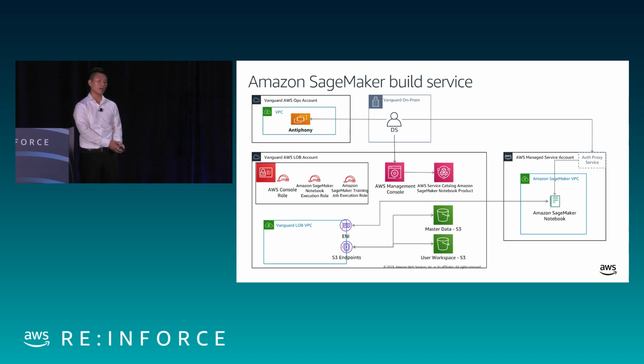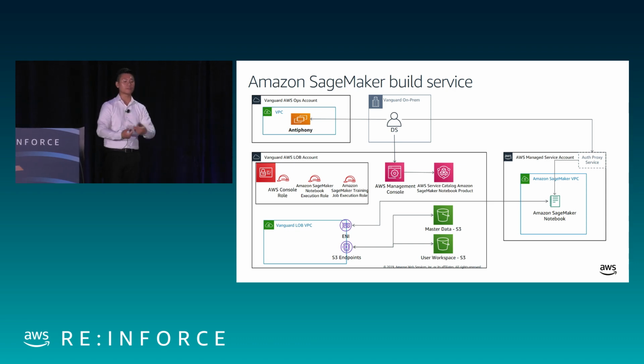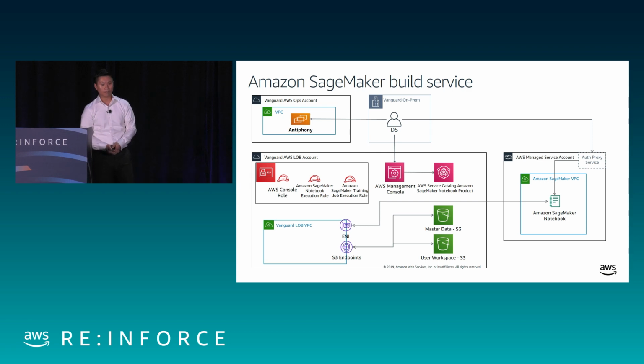The second S3 bucket is a master data area, meaning the SageMaker notebook can only have read-only access to this S3 bucket. This is our gold copy and very tightly controlled. The data in this master data area is typically brought in through the ingestion process. For example, you have an EMR cluster that ingests data, transforms it, and stores the data in this master data area.